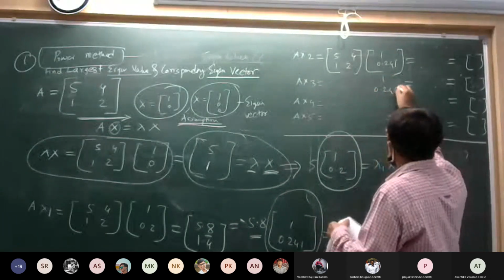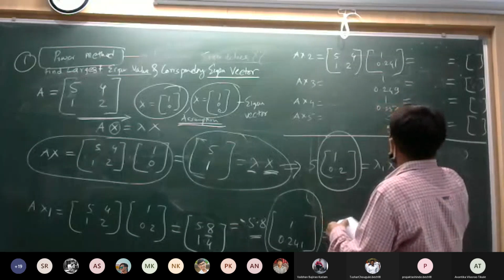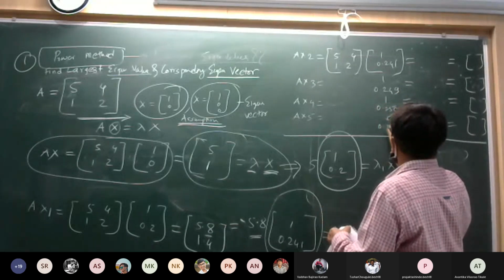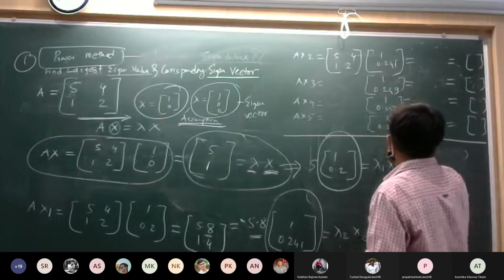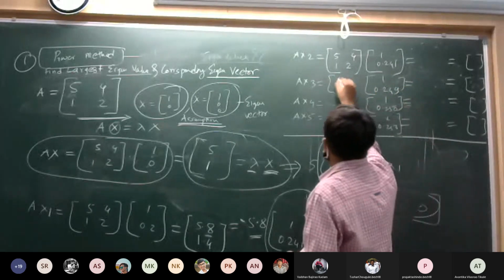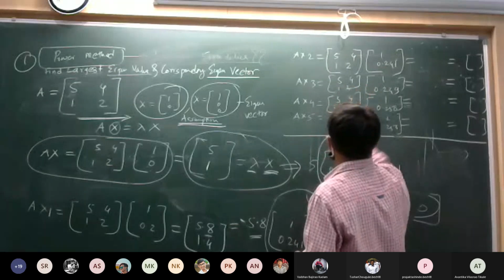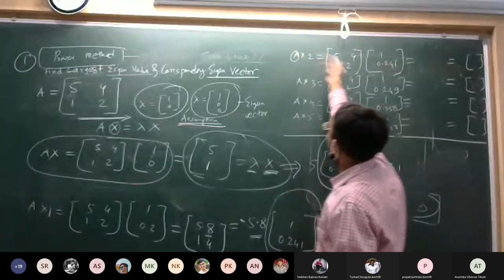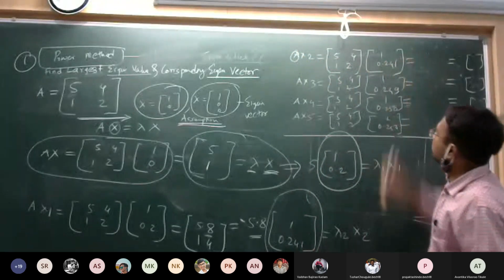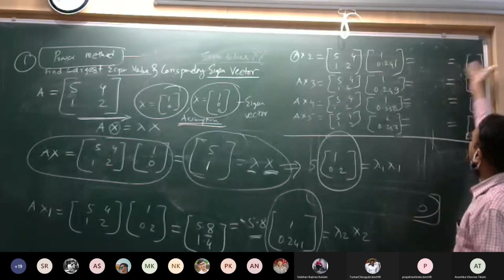I will write the remaining part. 250. 1 upon 250. 5412. We have to just multiply with the particular A matrix. We take A with this corresponding new eigenvector, multiply, and draw the largest value from this.